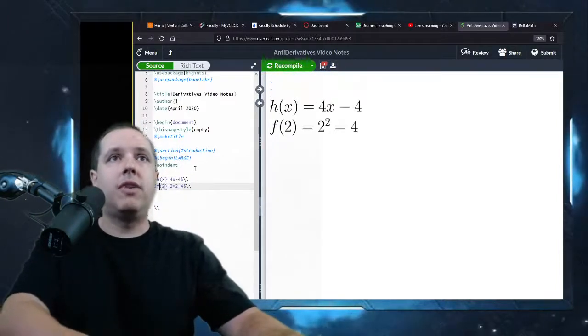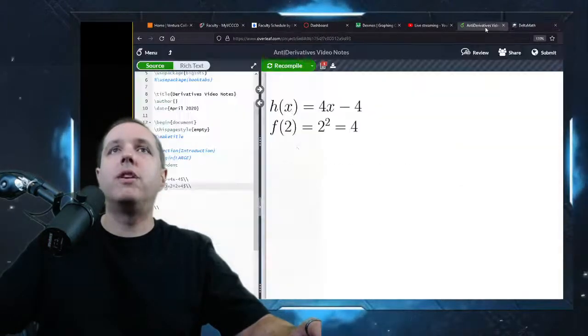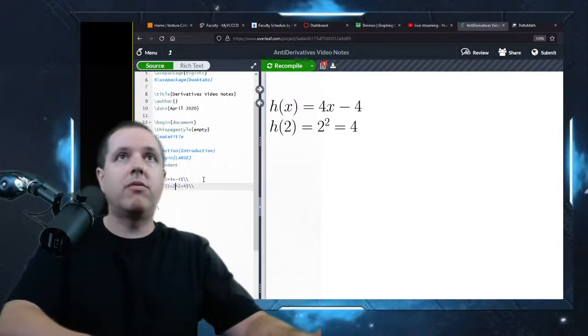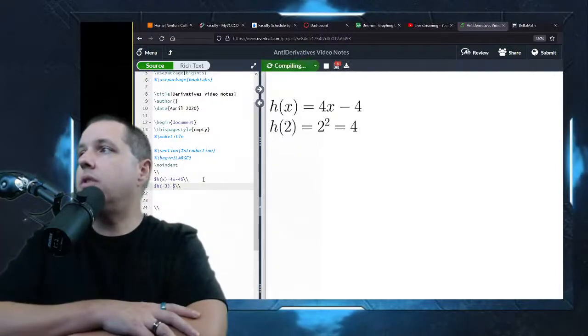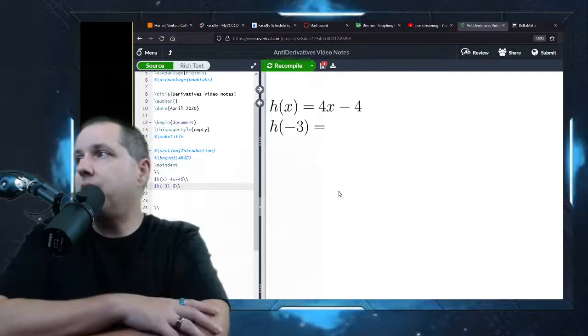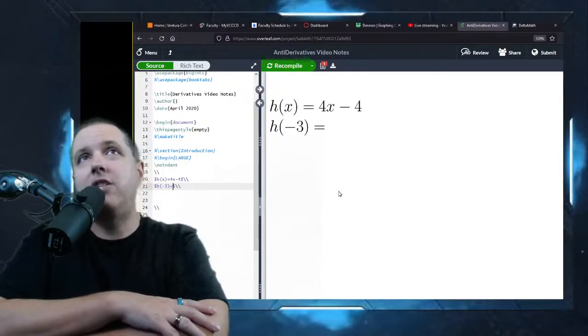And they want us to find what? They want us to find h of negative 3. Okay, so here's basically our problem. h of x equals 4x minus 4, and we're asked to find h of negative 3.